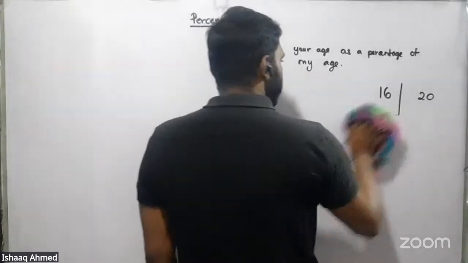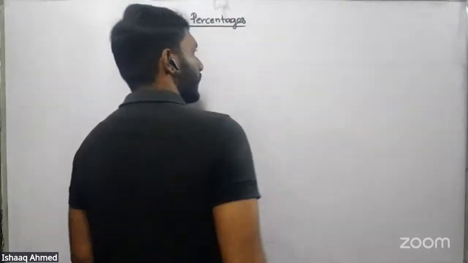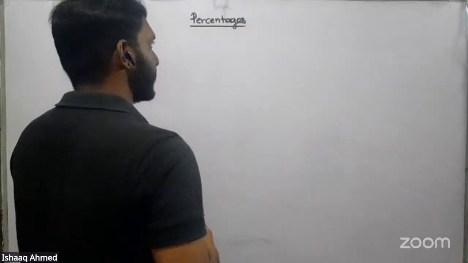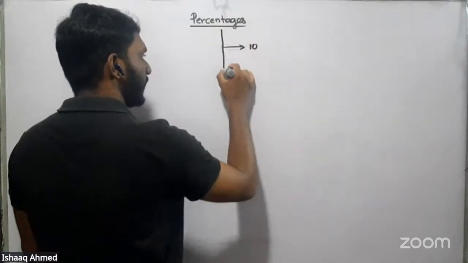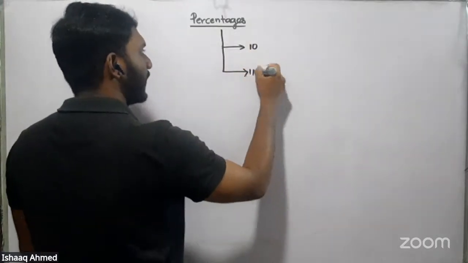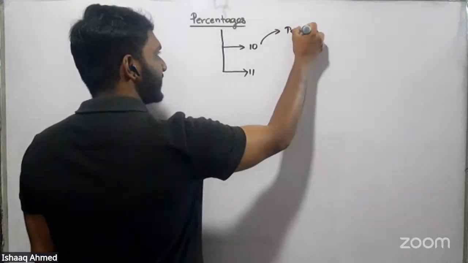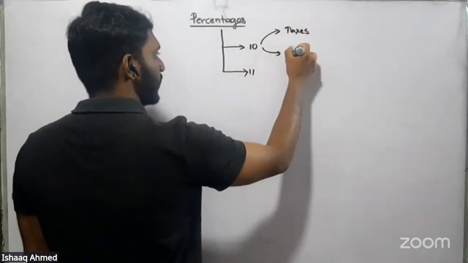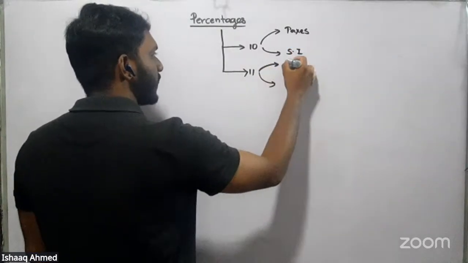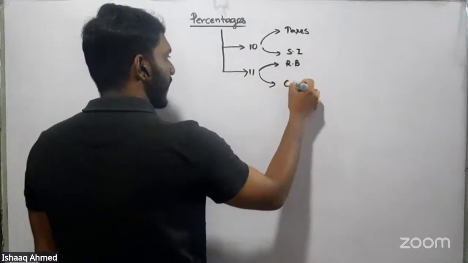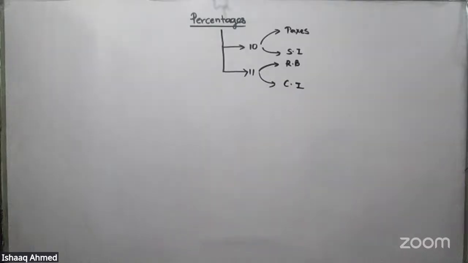Now in our syllabus, we have 4 kinds of things in percentage. The percentage chapter comes in grade 10 as well as grade 11. In grade 10, we have taxes and simple interest. In grade 11, we have reducing balance and compound interest.